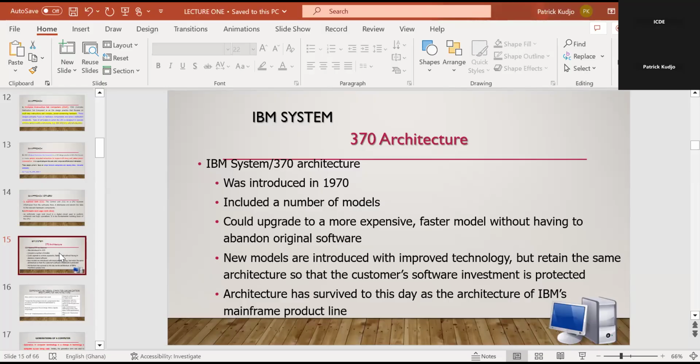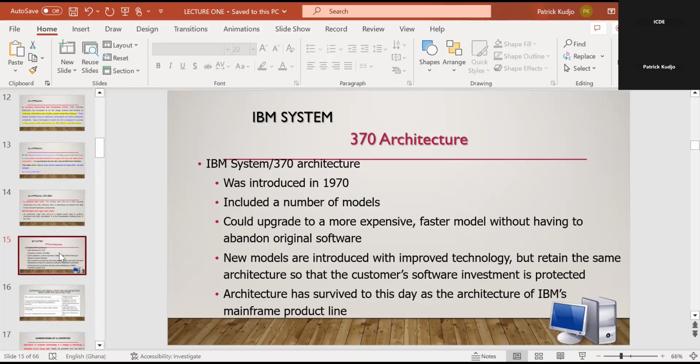It could be upgraded to a more expensive, faster model without having to abandon the original software. New models were introduced later. And look, the architecture has survived to this day as the architecture of IBM's mainframe product line.